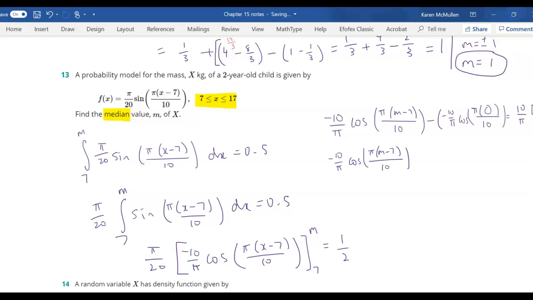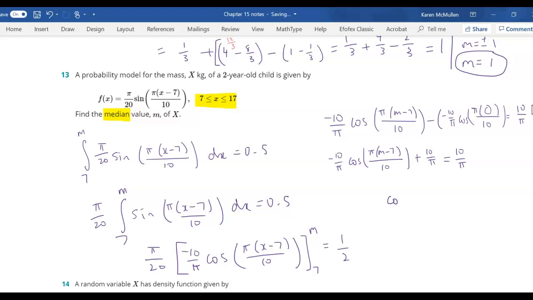Now we've got two negatives, so we've got plus. Cos of 0 is 1, so then we've just got plus 10 on pi, equals 10 on pi. That's going to get rid of that, so that's going to be 0, and that's going to make that 10.